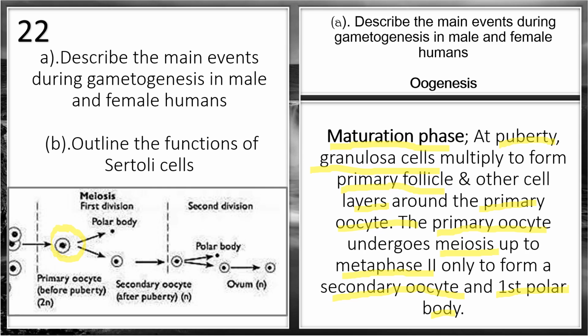Now, the primary oocyte undergoes the first meiotic division, and it stops at metaphase 2. And when it stops there, it forms what we call the secondary oocyte, and also produces one polar body, the first polar body.